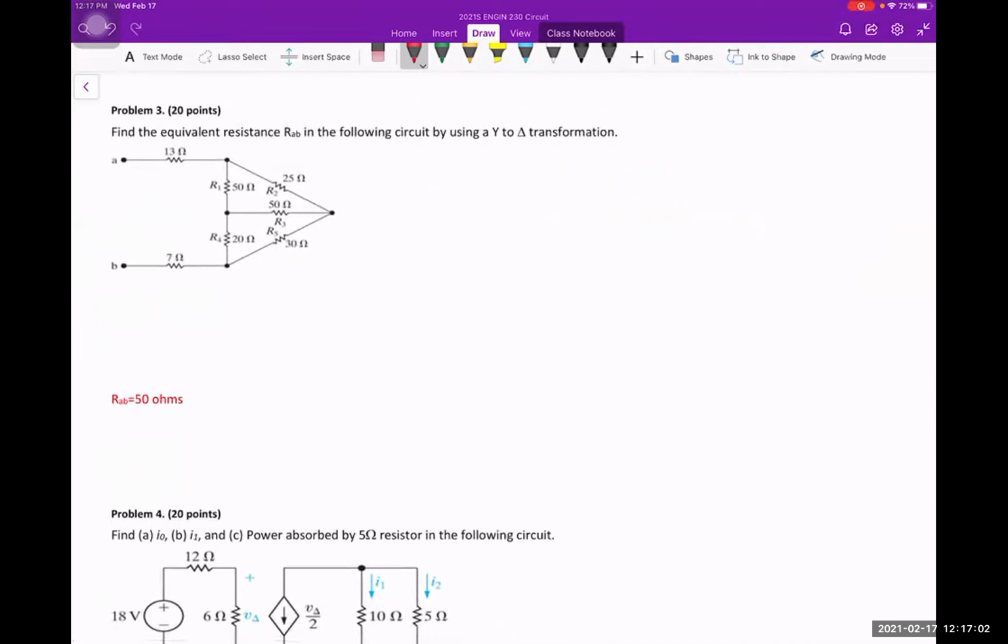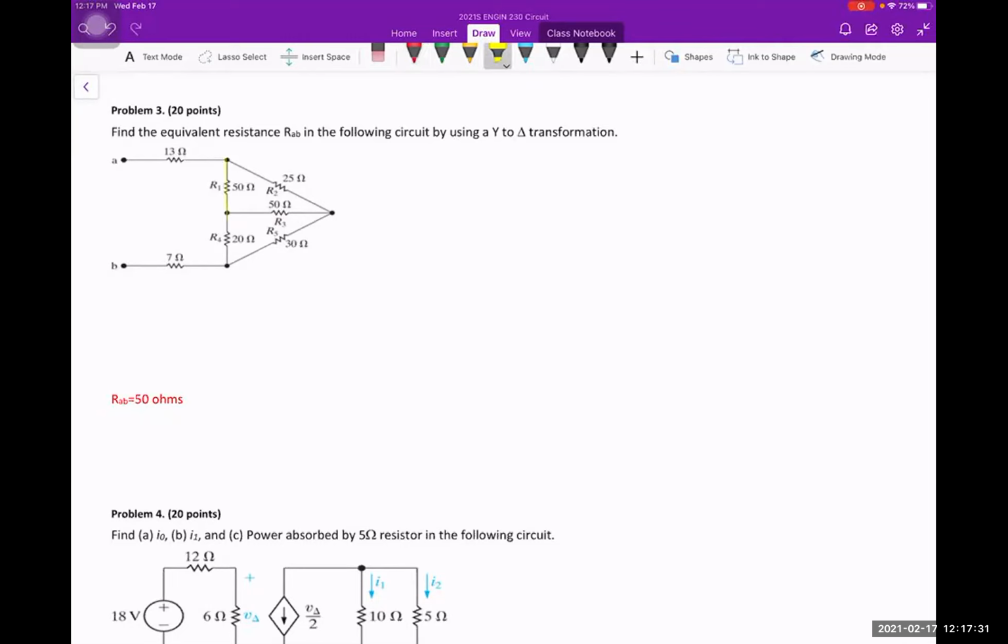Okay, the next question. And this is a question that you might also expect during the exam. I'm looking for how you do the transformation from either pi to delta or delta to pi. When you look at this problem, you can identify there is a triangle, and there's also a y or t in this configuration, right?